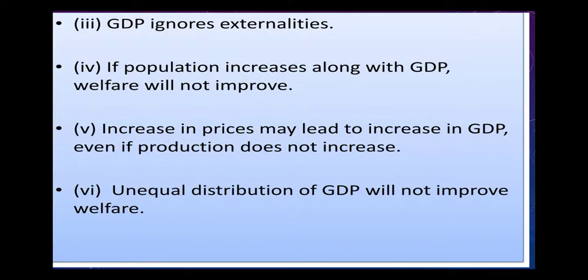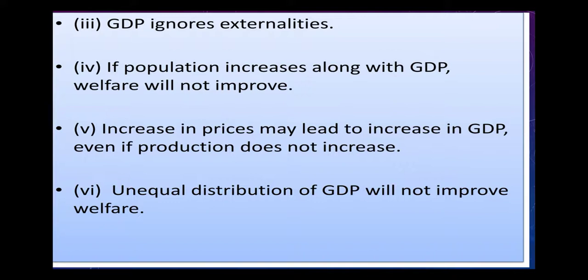GDP ignores externalities. We'll discuss the externalities. If population increases along with GDP, welfare will not be improved. If the population is increasing day by day and our GDP is also increasing, then the per capita income remains constant or becomes low. So we can't say that with the increase in population, GDP is improving and welfare is also increasing.